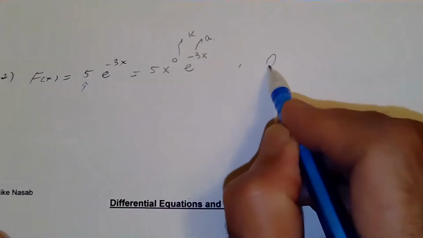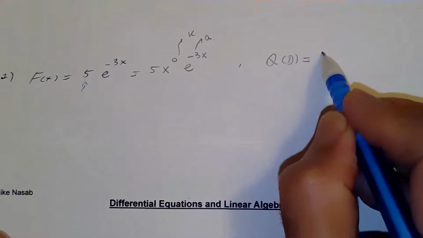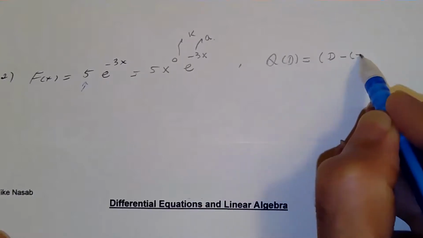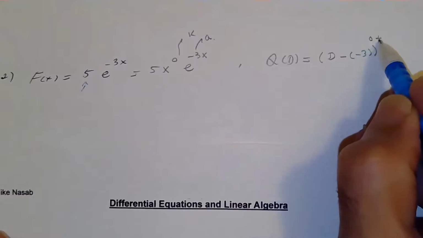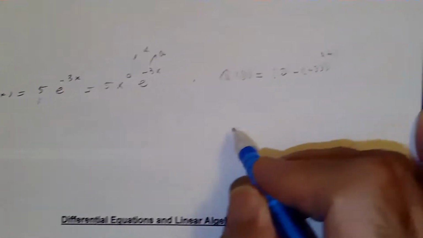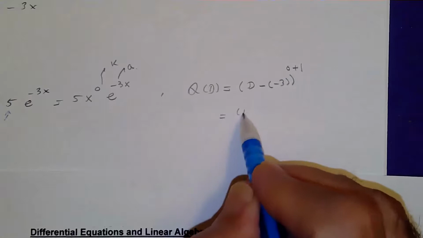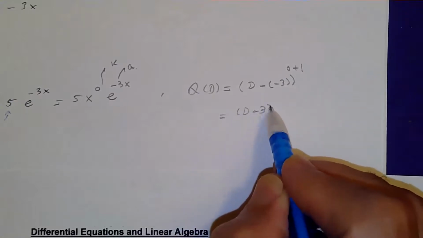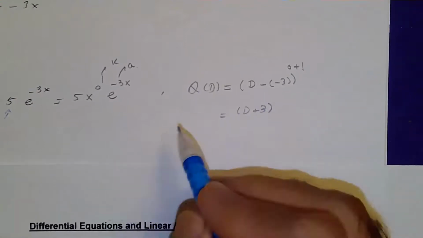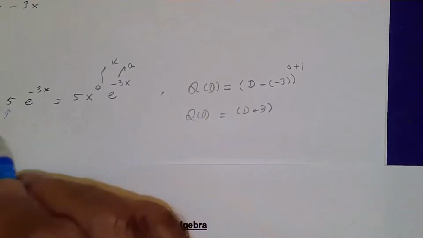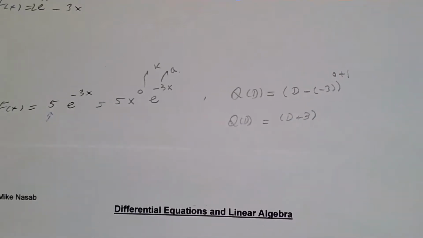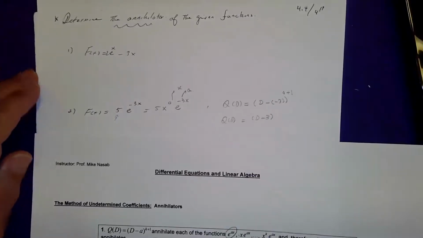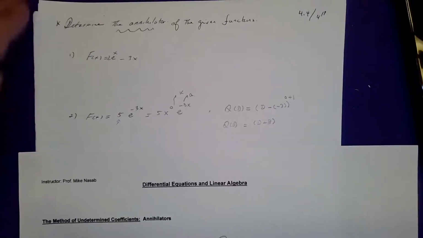So my annihilator, Q of D, is (D minus negative 3) to the power of 0 plus 1. So therefore the answer is D plus 3. That's my annihilator for 5 times e to the negative 3x. Do you see it?